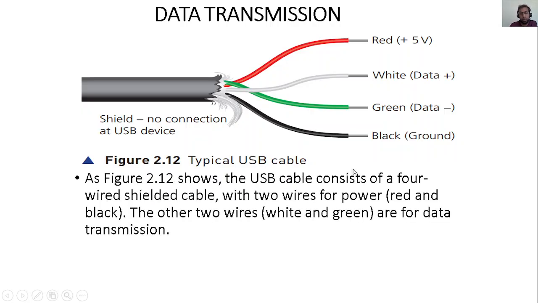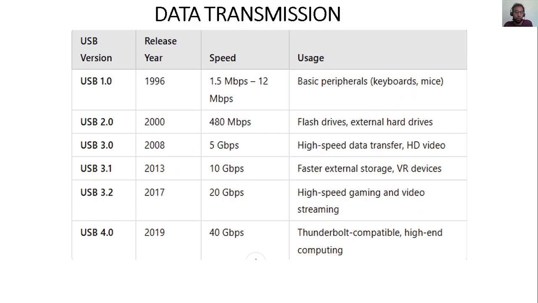So the USB cable consists of a four-wire shielded cable: red, white, green, and black. The two wires for power are red and black, and the other two wires are for data transmission. White and green are for data transmission, red and black are for power.